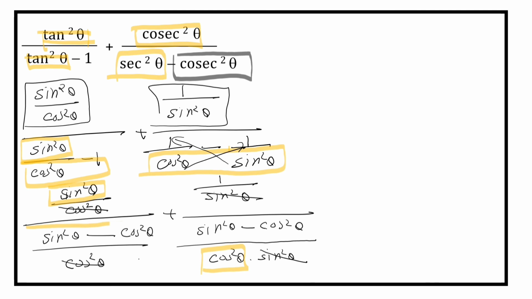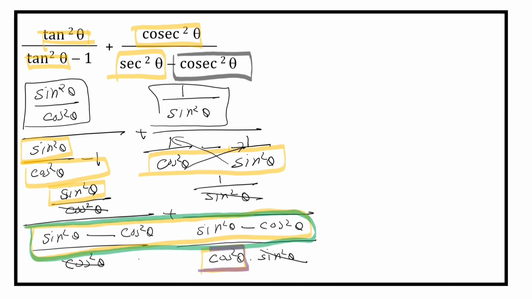Here LCM is sin square theta minus cos square theta. Observe once again, I'll tell, LCM is sin square theta minus cos square theta. This cos square theta goes to the numerator here.